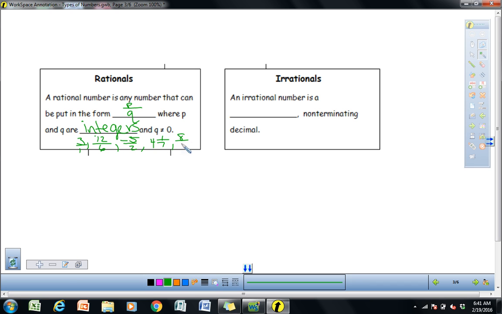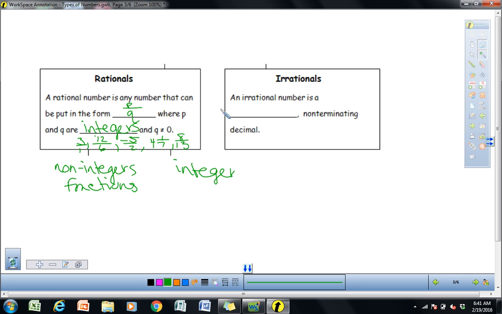Anything that can be written as a fraction. From the rationals, that's where we got our non-integer fractions, so all of our fractions. And then our integers, which again are our -2, -7, 0, 1, 8, 10, etc.